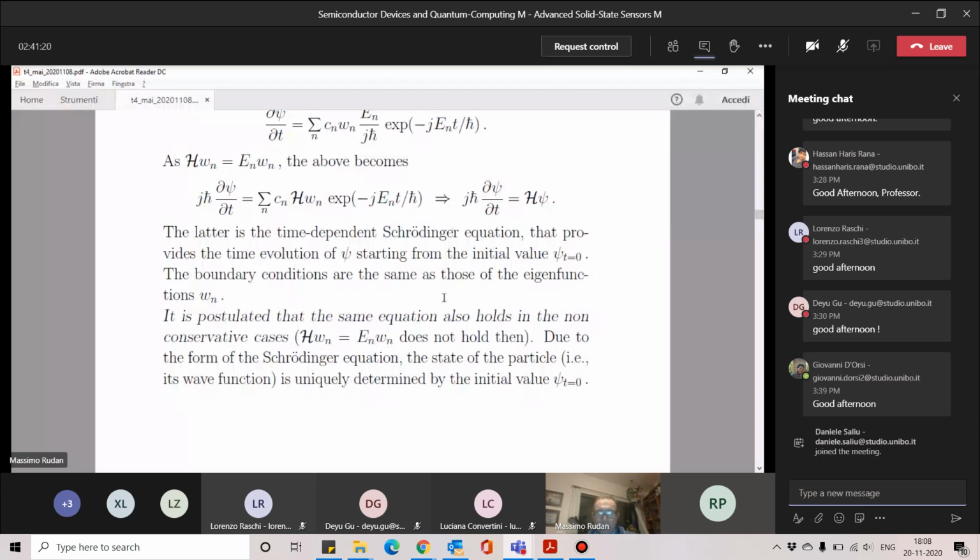You remember that the localization of the particle is associated to the square modulus of the wave function.